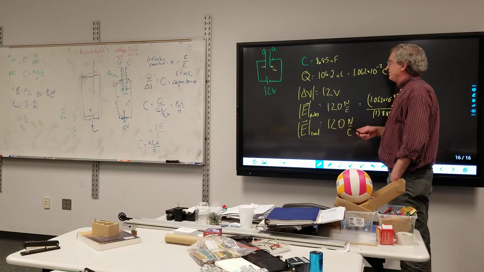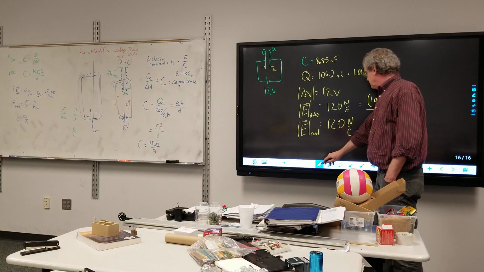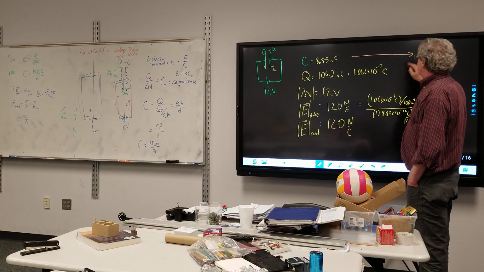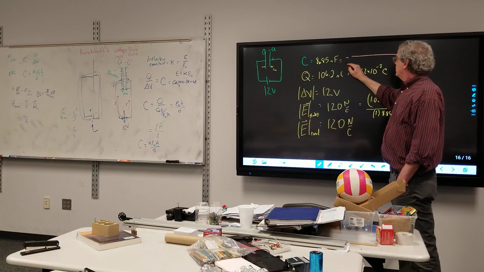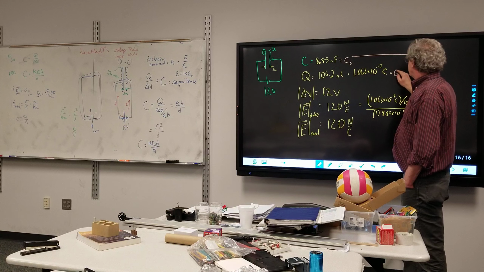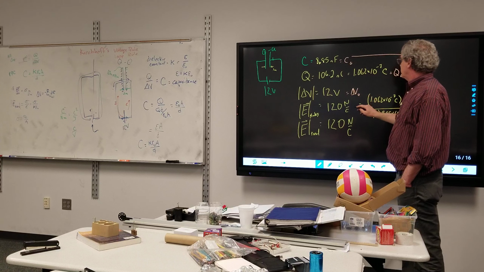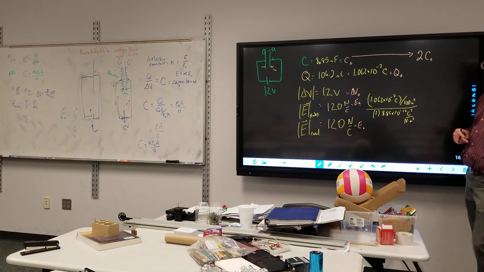If I cut d in half, this would double. So this would be 2 times what I originally started with. Call that Q0, call that delta V0, call that E0. So my capacitance has doubled.